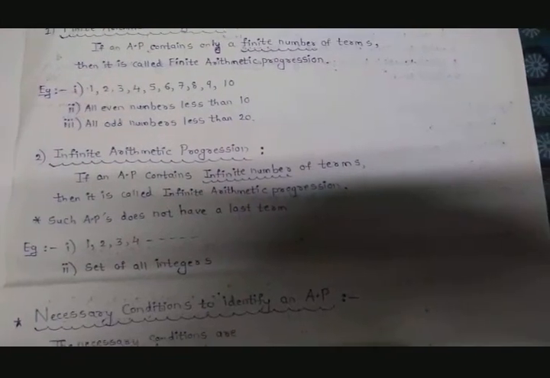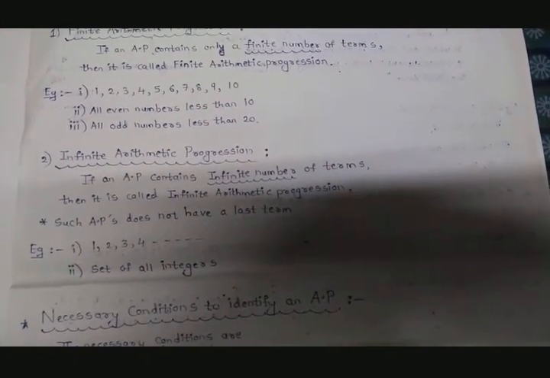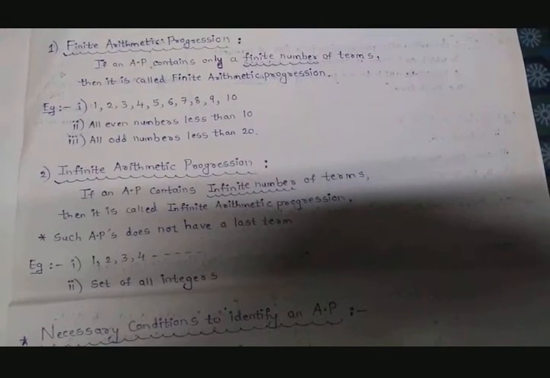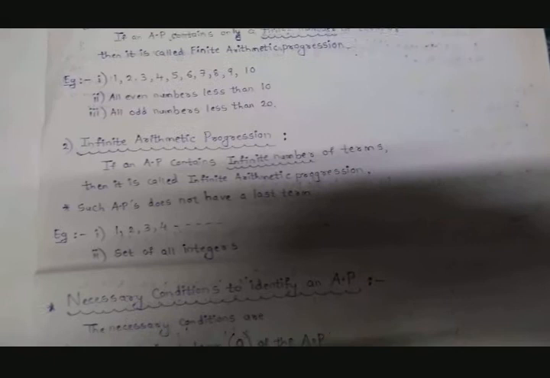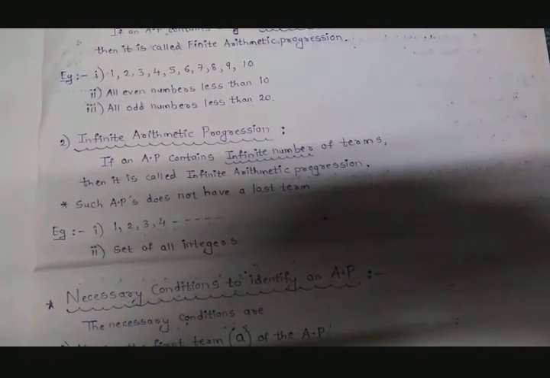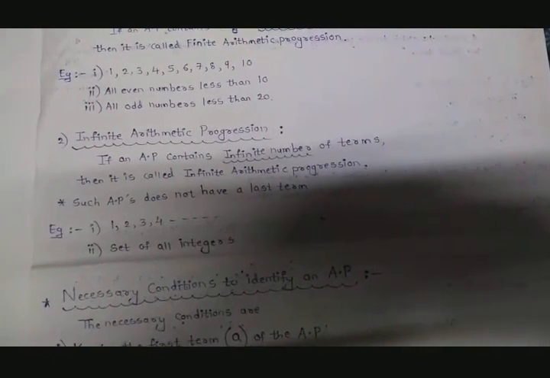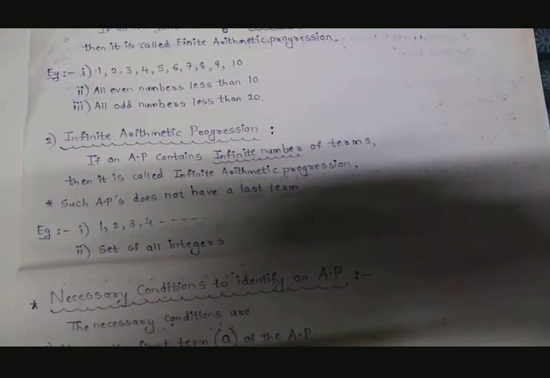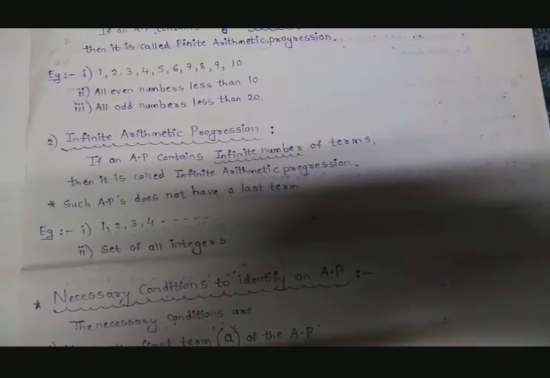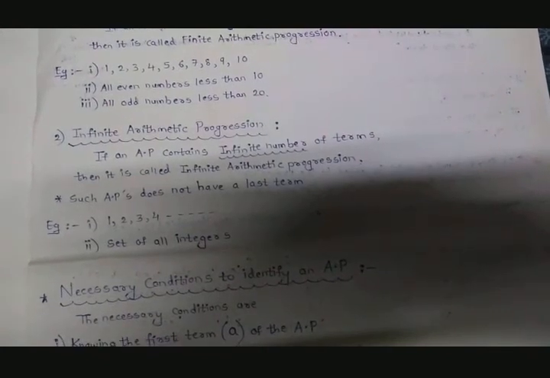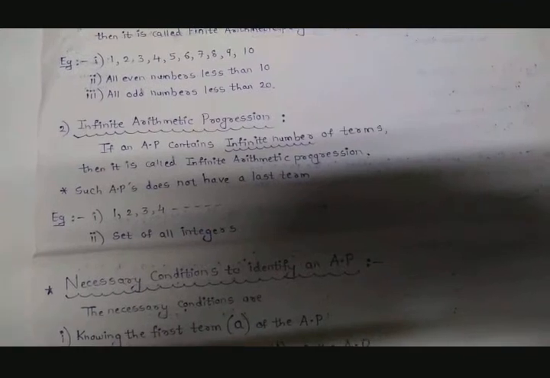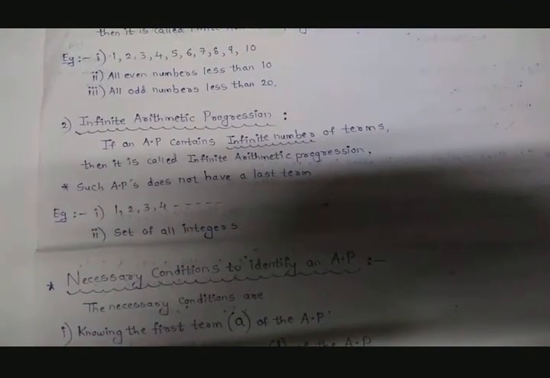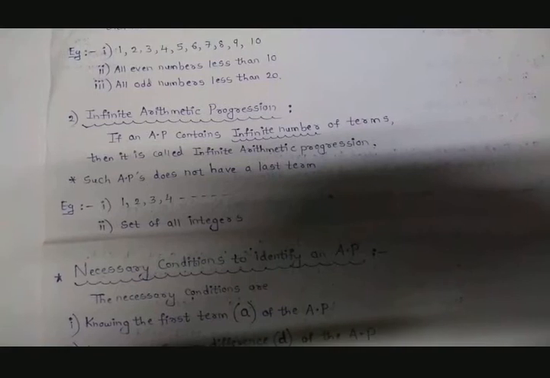They are all examples of finite arithmetic progression, as they have an end point, that is they have a last term. And an example for infinite arithmetic progression is the set of all real numbers. The real numbers do not end, they continue up to infinity, and that does not have a finite end, and hence we take real numbers as an example for infinite arithmetic progression.